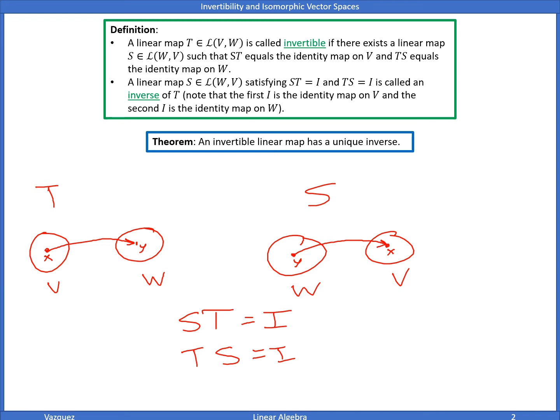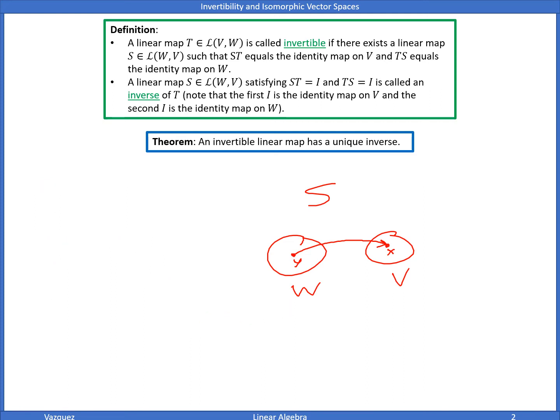They're inverses of each other. And as you've probably seen in high school, when you take the composition of two functions and you plug in x and it gives you back x, then those are inverses. But I'm going to go over that right now.